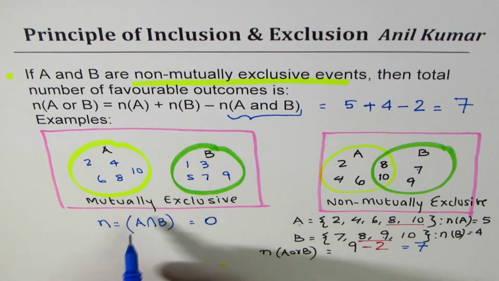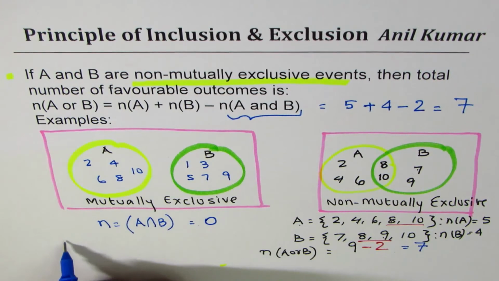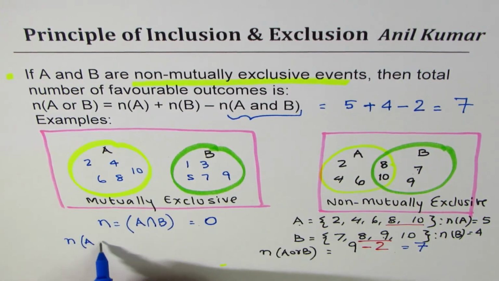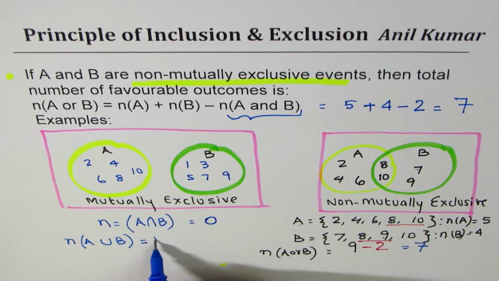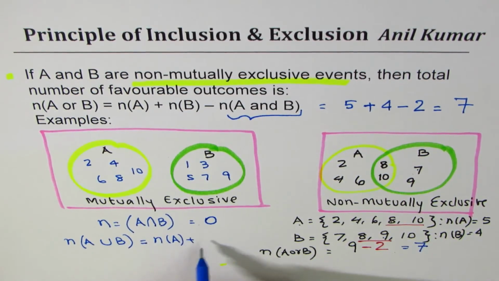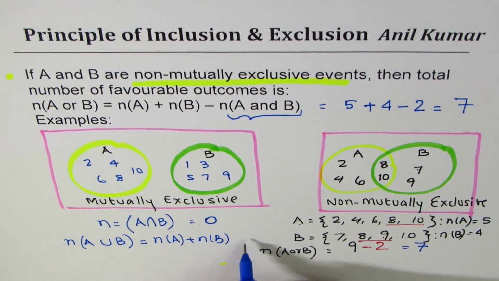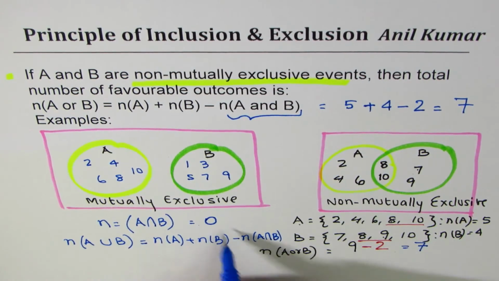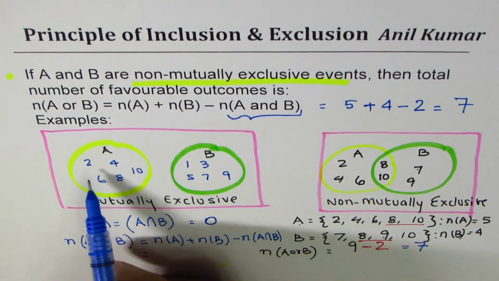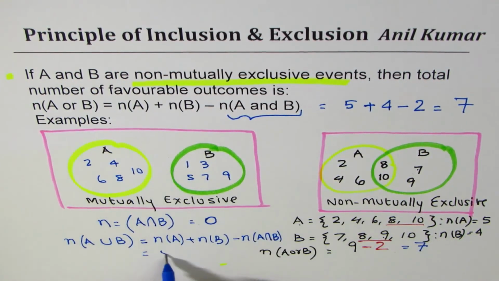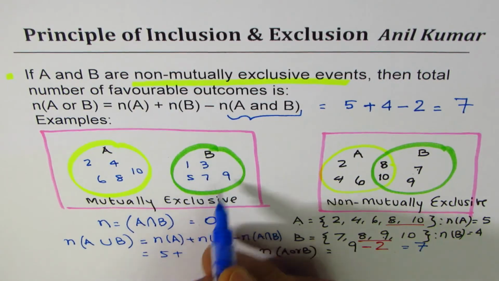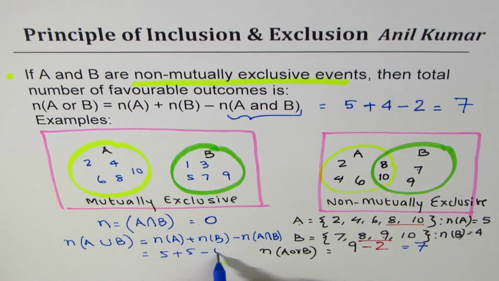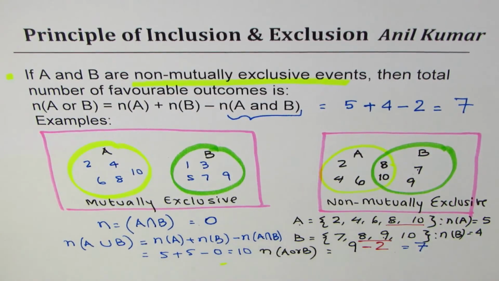So in this case also, the number of elements in A union B equals the number of elements in A plus the number of elements in B minus the number of elements in A and B. It doesn't matter, it is 0. So we get 1, 2, 3, 4, 5 plus 1, 2, 3, 4, 5 minus 0, which is 10.